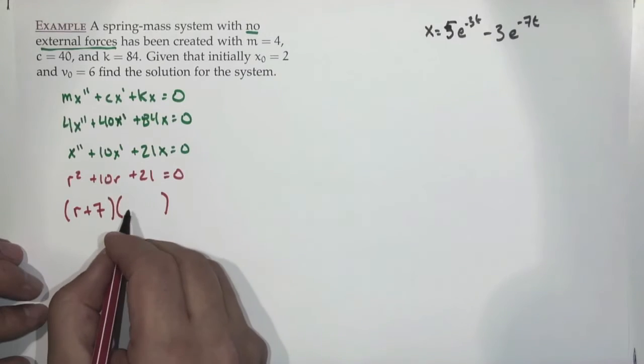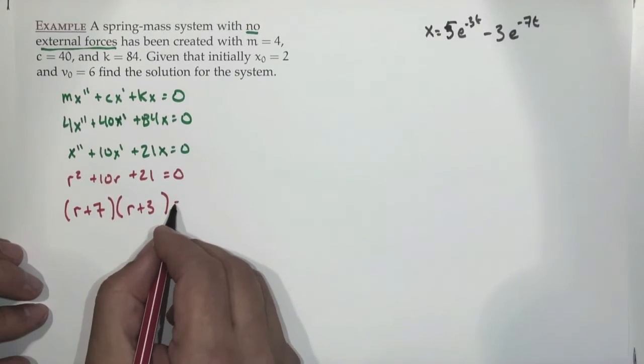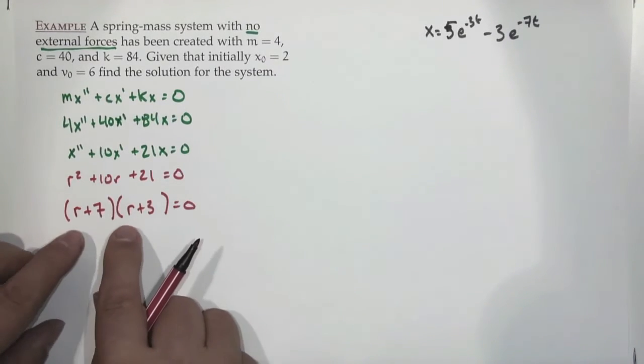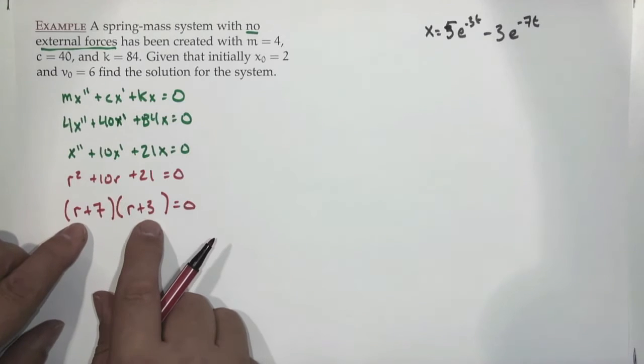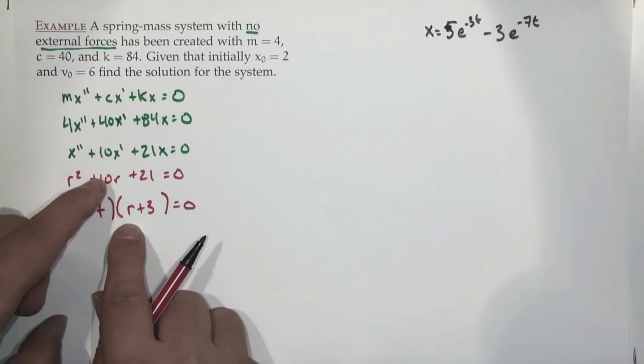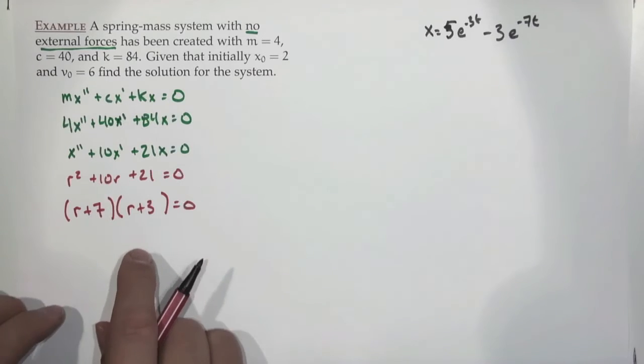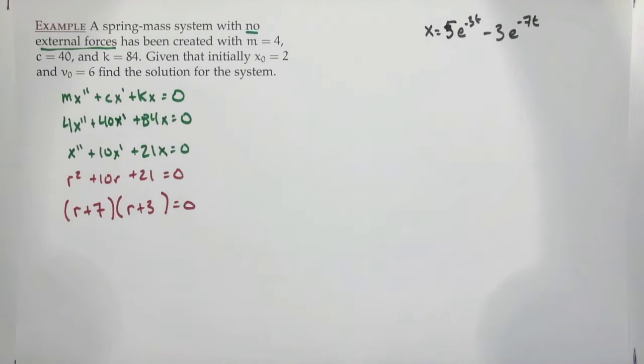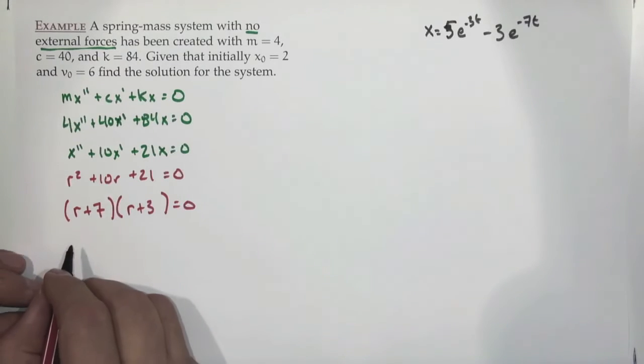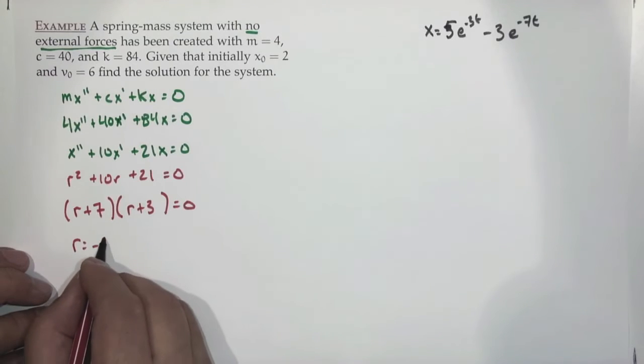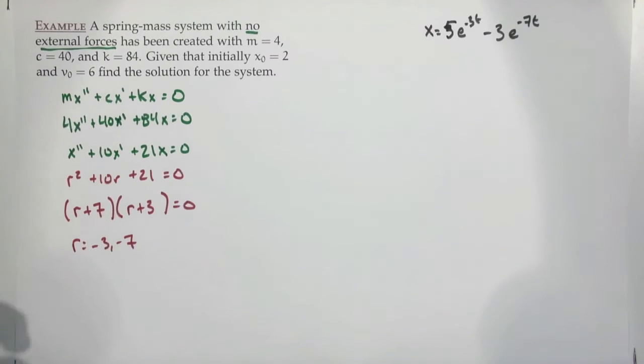Someone has suggested r plus 7 times r plus 3. Maybe. You always check, right? r squared, 3r plus 7r is 10r, and 7 times 3 is 21. Oh, yeah. Cool. So our roots are negative 3 and negative 7. Not complex at all. That's okay. We'll talk about why it doesn't have to be complex.